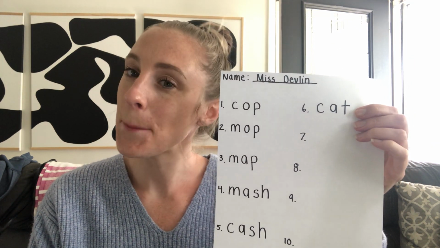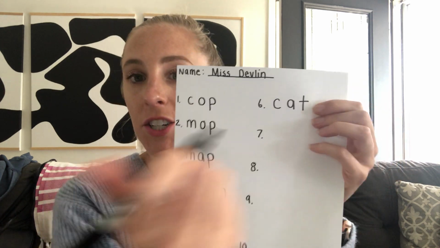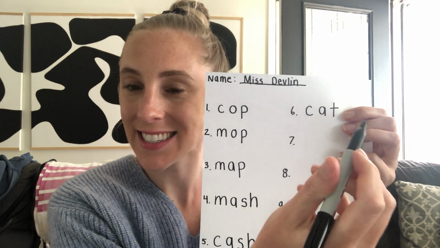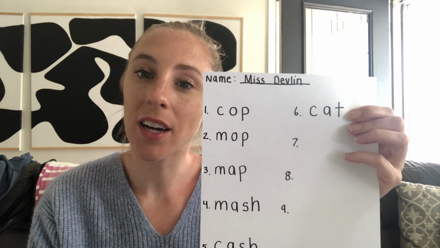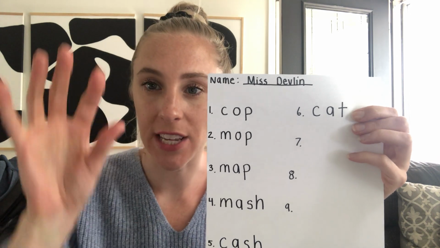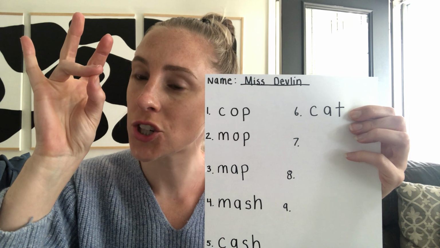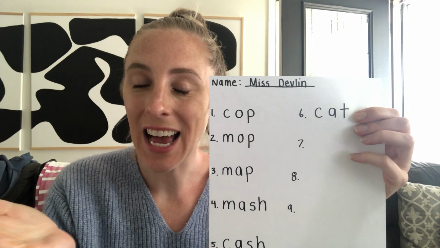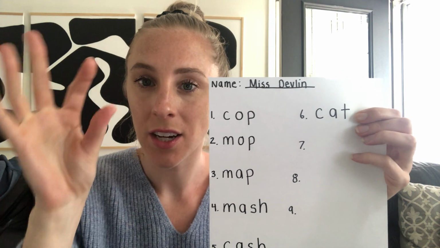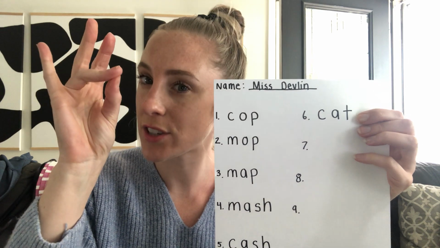All right, number 7, we're changing the word cat to the word cut. So let's think about it. T. Which sound is not like the others? T. Go ahead and write your new word cut.